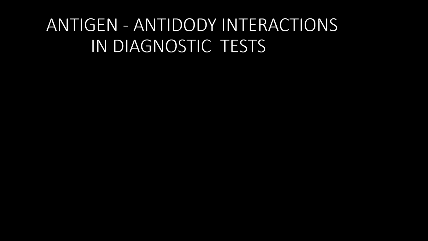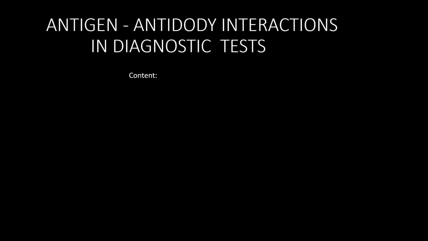Basically, the different tests in the clinical laboratories are based on antigen-antibody interaction. They are used to detect the presence and the concentration of antibody and the concentration of antigen present in the patient's blood plasma.